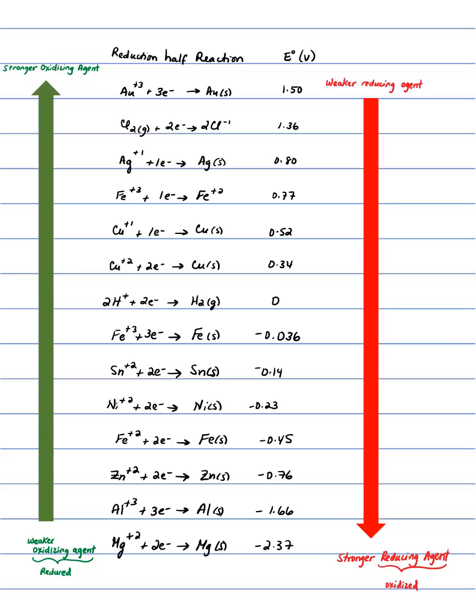So if your substance is responsible for oxidizing something else, it's because that substance is getting the electrons. So things that are easily reduced are on the top of the table. Things that are easily oxidized, giving away electrons, are all the way to the bottom.